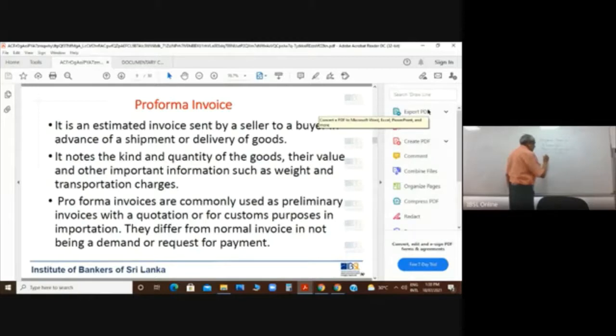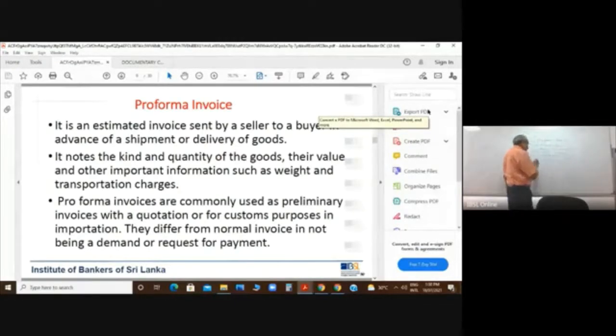Then we have to give the details of goods: 2 black color and 3 gray color vehicles, right? And it has to be coming from Nagoya, Japan.